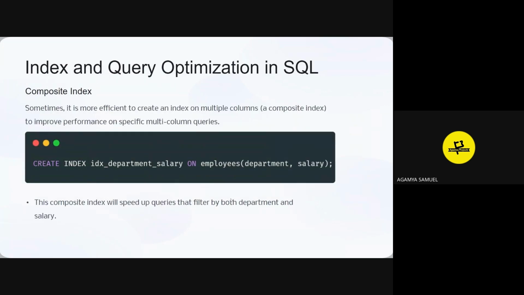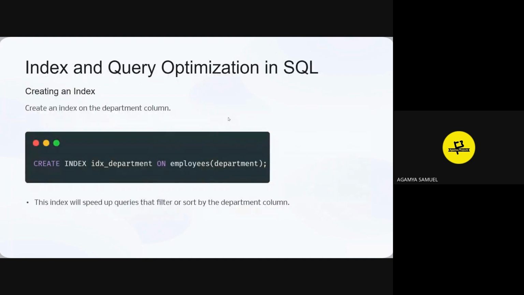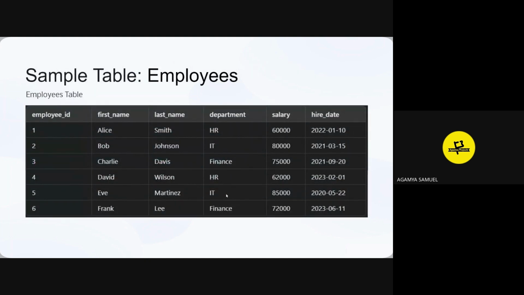And now composite indexes. Let's say we want to create an index which consists of multiple columns. Here we have only created an index on a single column, the department column. But now, let's say we want to create an index which consists of department and salary also, because we have many queries which require both the department and salary columns.